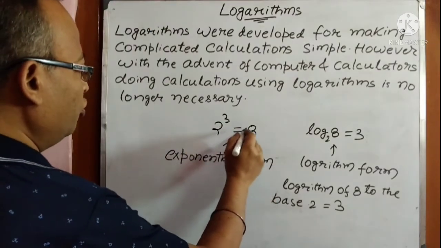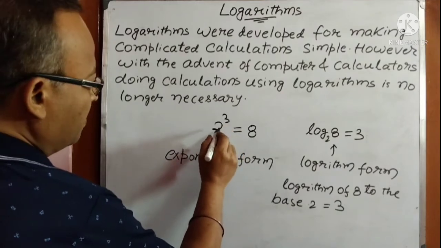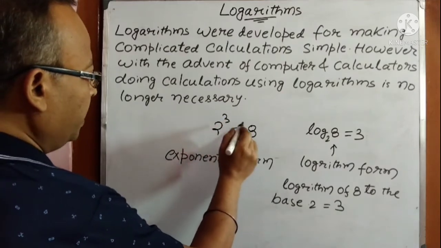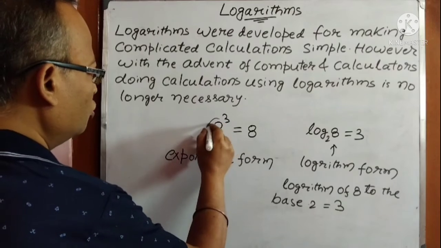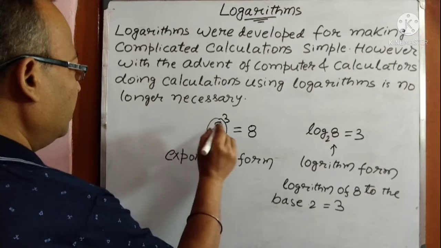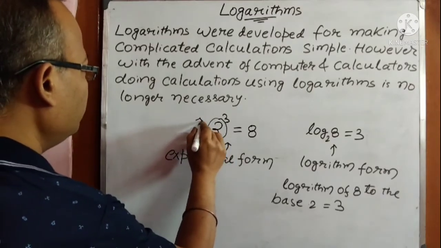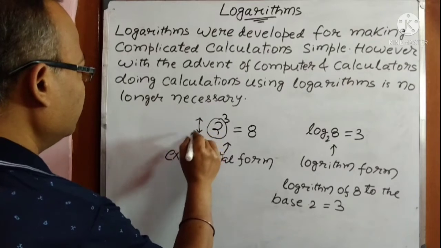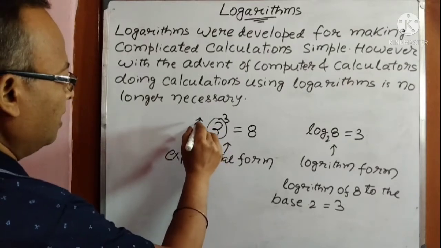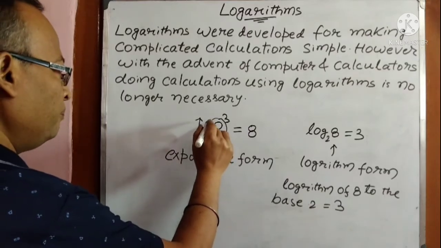See, 2 to the power 3 is equal to 8. So there are 3 elements, 2, 3 and 8. I am rounding it off. So understand it very clearly. This 2, I am giving it the arrow like this, which means this 2 will go down and it will come up.